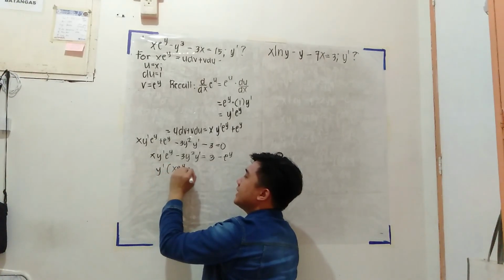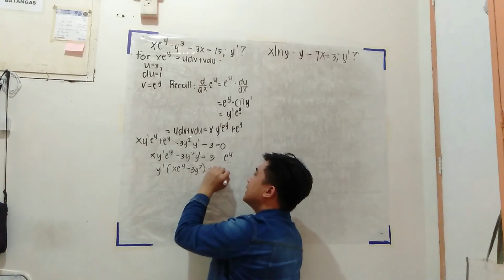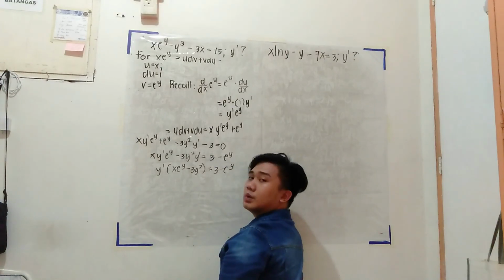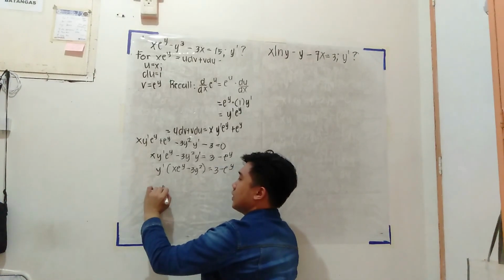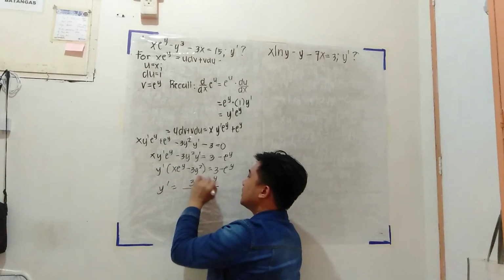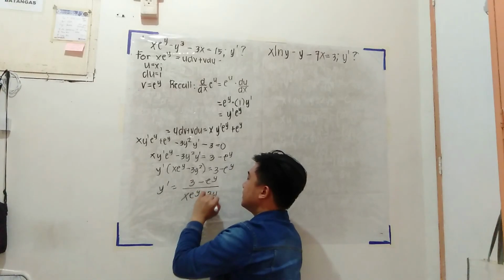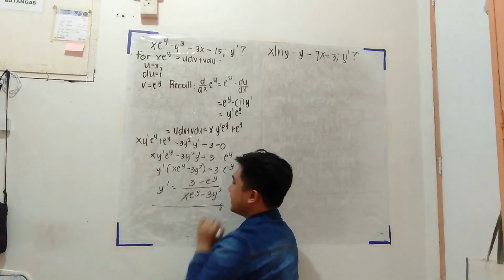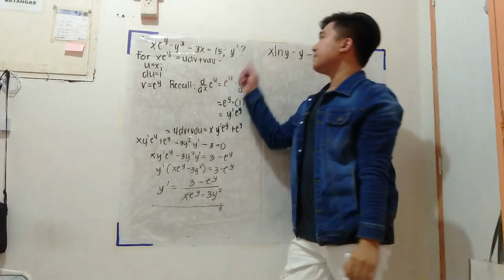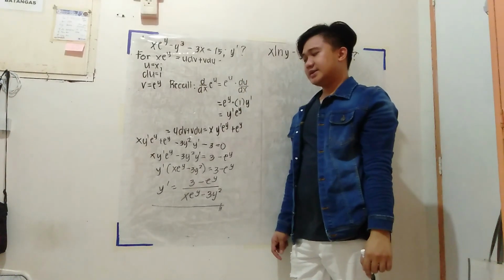Y prime times x e raised to y minus 3y squared equal to 3 minus e raised to y. So, y prime is equal to 3 minus e raised to y all over x e raised to y minus 3y squared. And that is the y prime we were asked to find. Okay? So, copy your notes.